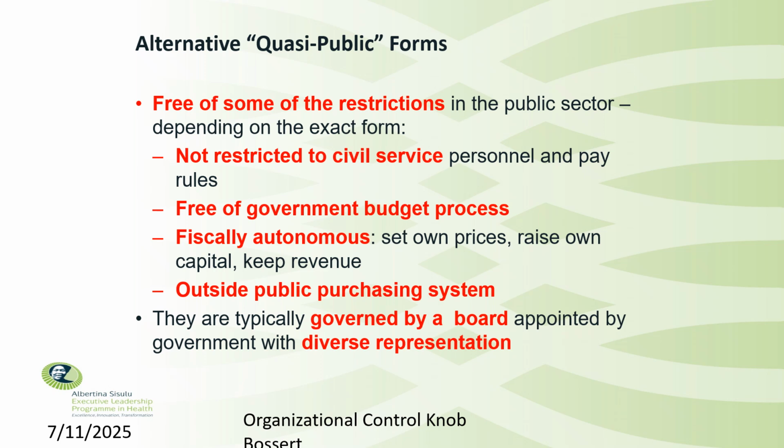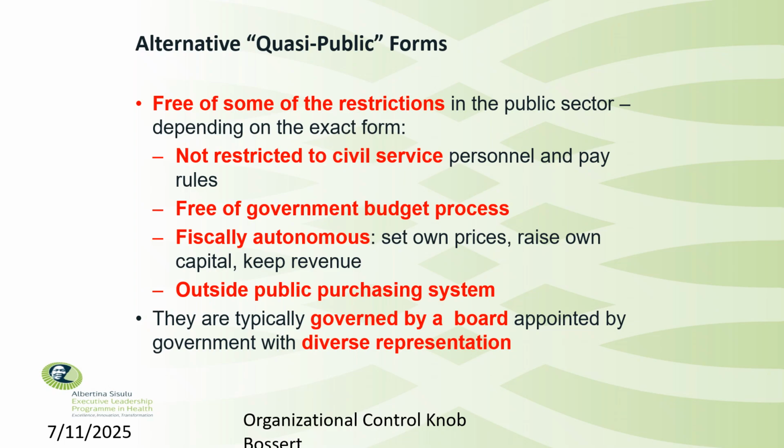We can free ourselves of the government budget processes and look at a different way of generating revenue and collecting funds that will finance healthcare. We can try to be fiscally autonomous by setting your own prices and raising your own capital and keeping that revenue in your entities, in your service delivery organizations, to actually improve performance.